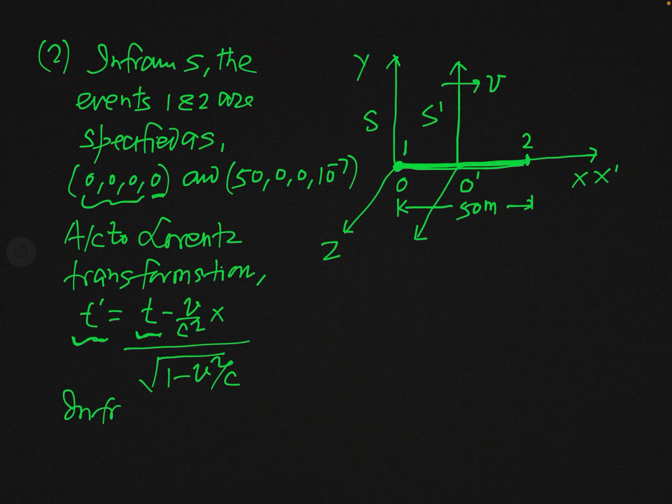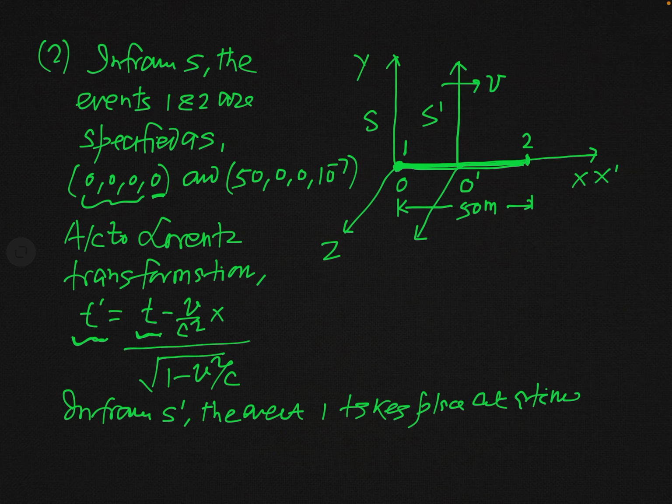So in frame S prime, the event 1 takes place at a time, we will use this formula. See here, we note it as t1 prime, and t1 prime will be actually equal to what?